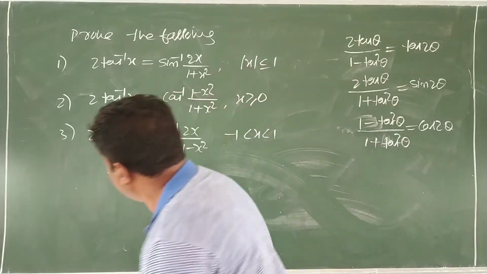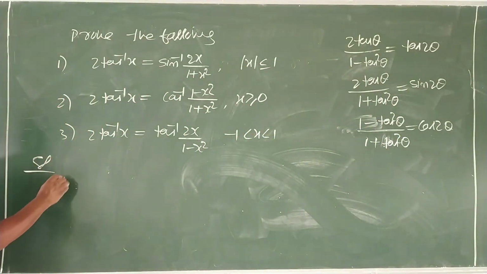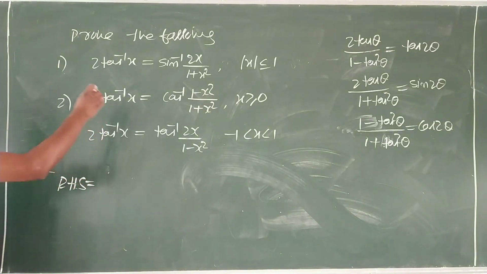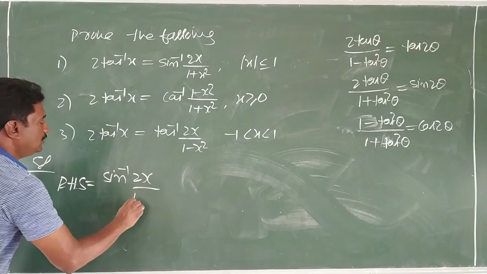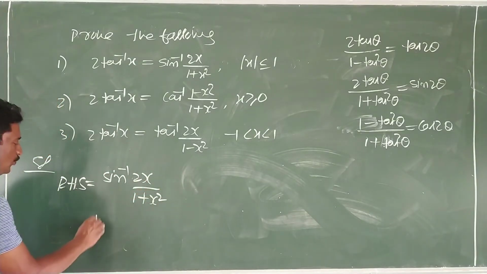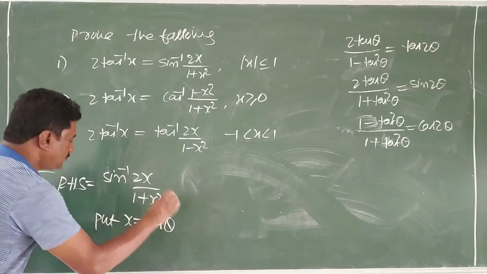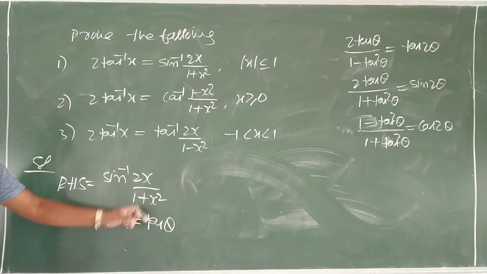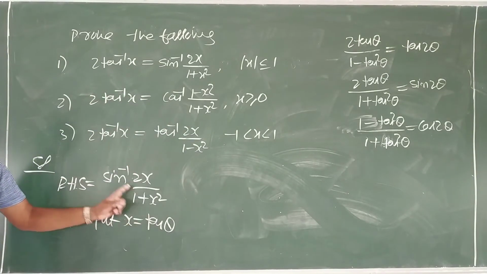Go for proving. First one, I take the RHS. What is RHS? Sin inverse 2x by 1 plus x square. You always use this substitution, x equals tan theta. This substitution always works for all the problems. Put x is equal to what? Tan theta.